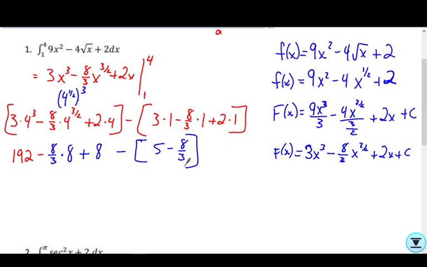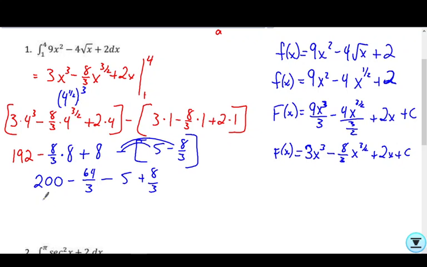Okay, so now I'm going to deal with this. So 192 plus 8, that's 200, minus 8 times 8, which is 64, divided by 3. So that's 64 over 3 minus 5 plus 8/3. So I distributed in the negative.